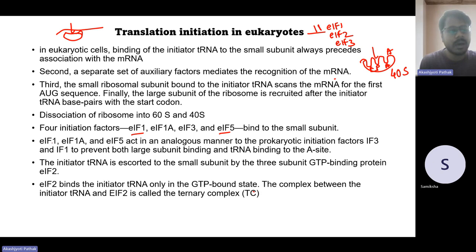Now, eukaryotic initiation factors 1, 1A, and 5 act in an analogous manner to the prokaryotic initiation factors IF3 and IF1. I said this wrong earlier. This is actually IF.